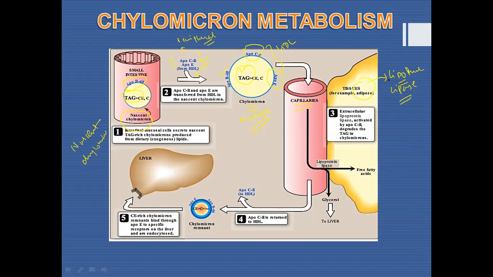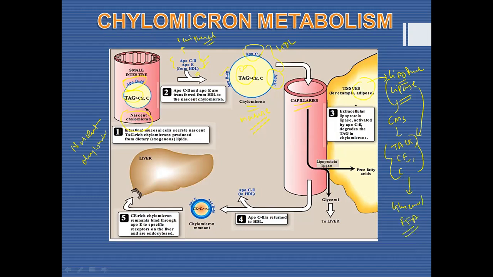It will hydrolyze the content of lipoprotein. And here our lipoprotein is chylomicron. Its content is TAG, cholesterol esters, as well as the cholesterol. Okay, so lipoprotein lipase will hydrolyze this triacylglycerol mainly into glycerol and free fatty acid.